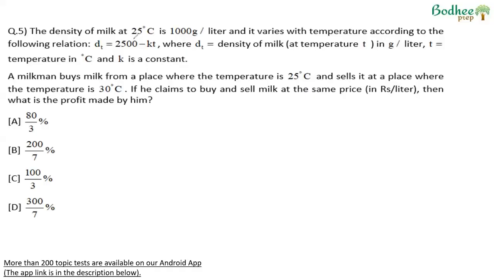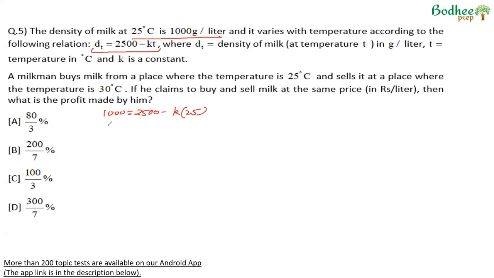The density of milk at 25°C is 1000 grams per liter. It varies with temperature according to the relation: density d_T is equal to 2500 minus kT, where d_T is density of milk at temperature T in grams per liter, T is temperature in degrees C, and K is a constant. Okay, so if we put the values here, first of all, we will say 1000 is equal to 2500 minus K into T. Temperature was 25, the value that is given.